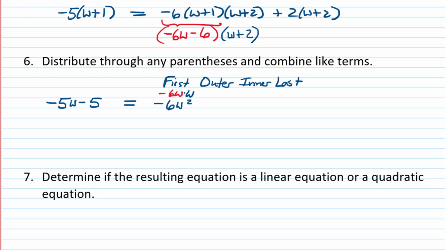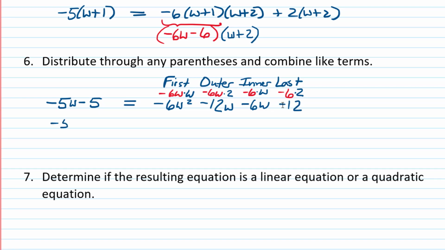Outer times outer would be negative 6w times 2, which is negative 12w. Inner times inner would be negative 6 times w, which is just negative 6w. And last times last would be negative 6 times 2, which would be negative 12.